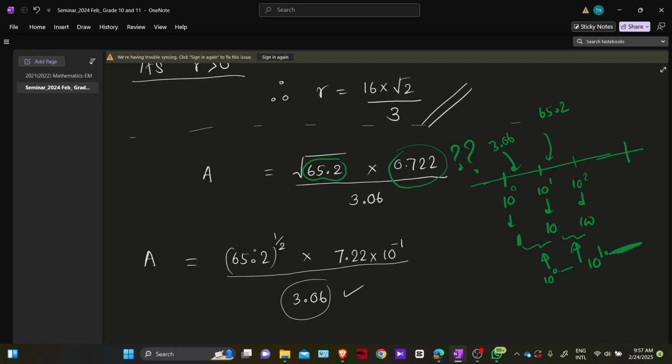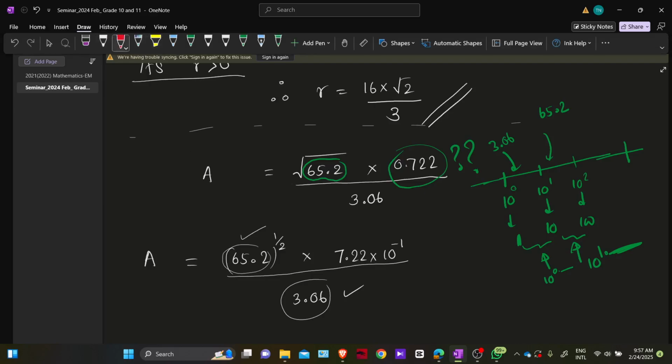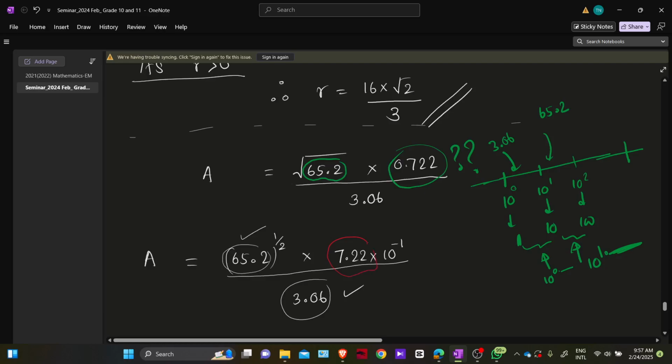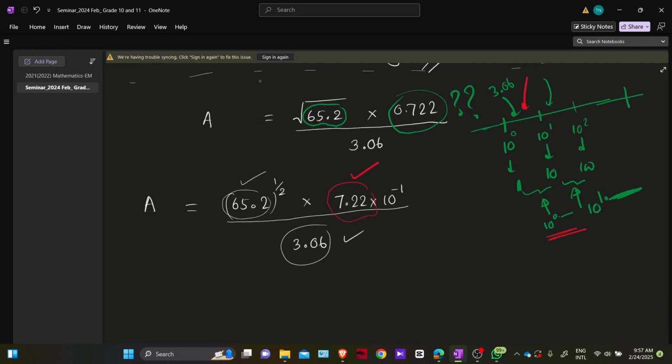This part is okay. Now this is okay too. Look here, 7.22, a number less than 10 but greater than 1. Again, that can be turned as 10 to the index 0 point something, right? So the problem is solved.